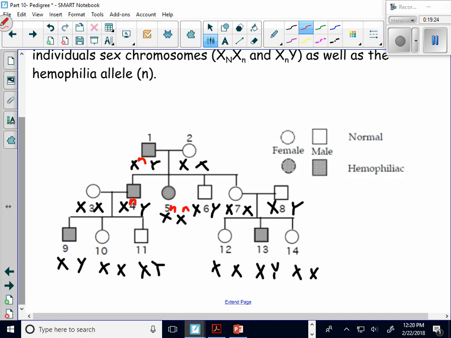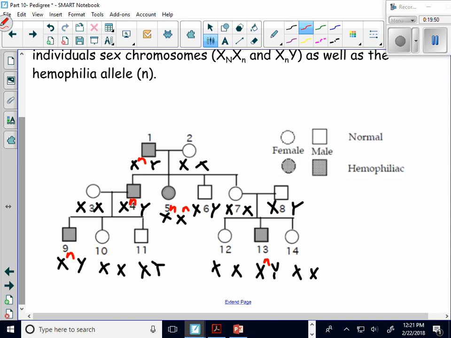Do we do that with these X-linked traits? We think of sex-linked, sex X, right? Sex X. We don't need to put them on Y's, so don't be doing it. Here's another little n. Here's another little n, right? Do I have all of my hemophiliacs labeled?